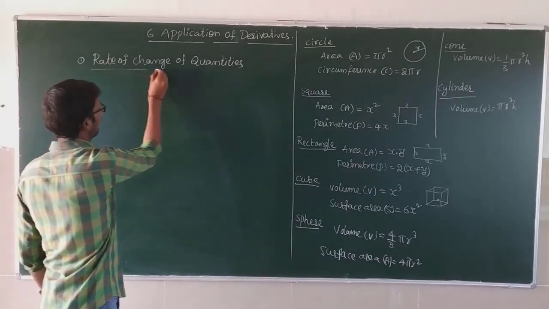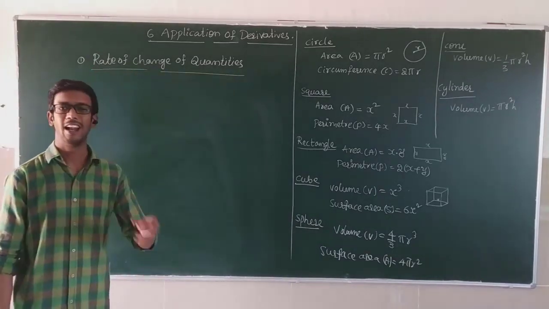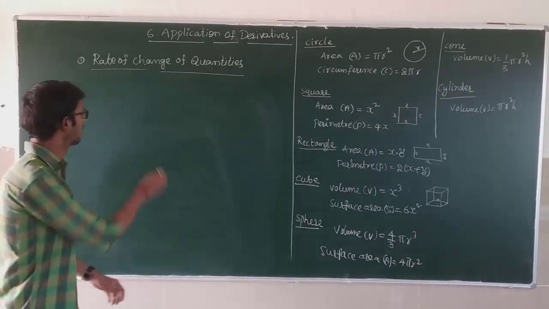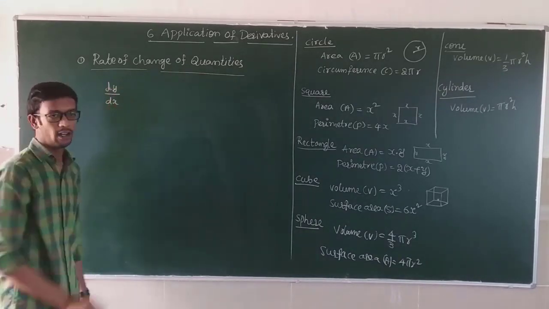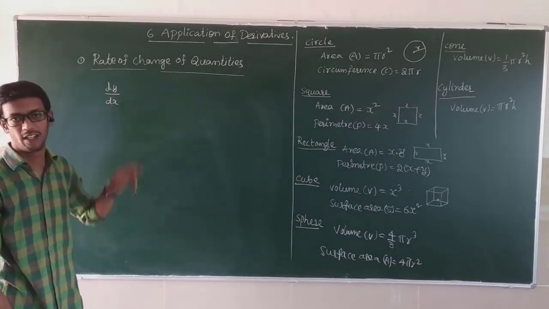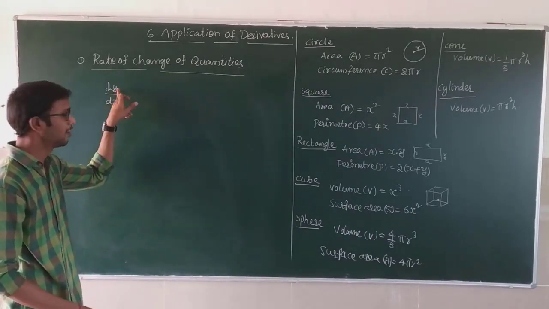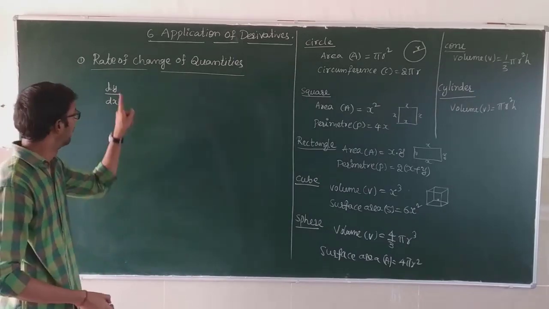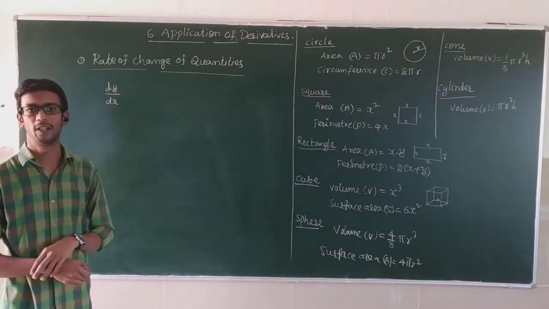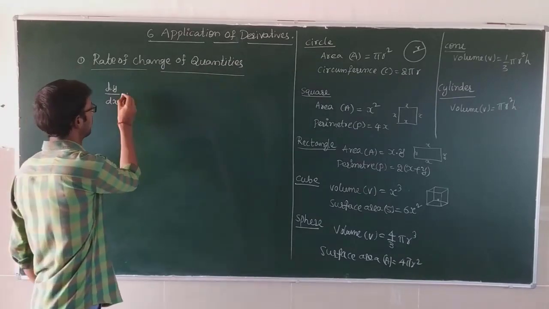First of all, we already know dy by dx. Here, the dependent variable is y and the independent variable is x. y is changing with respect to x. That only.